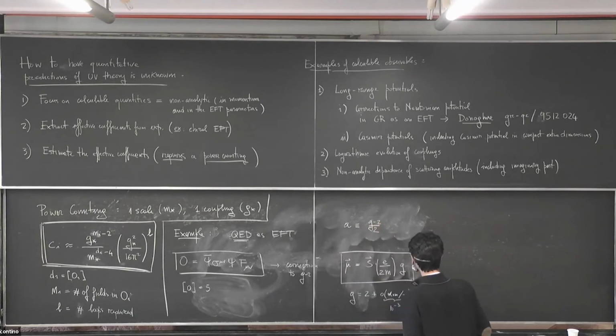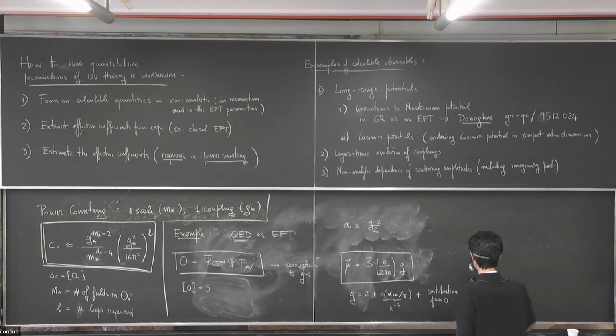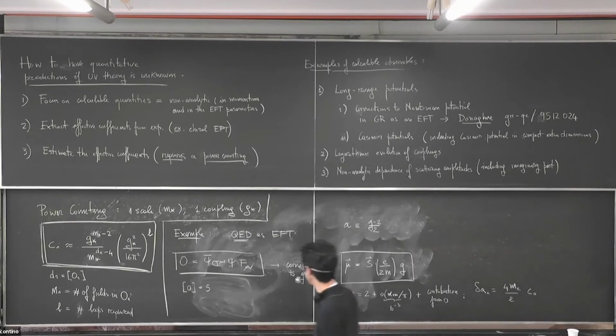So the contribution from O is one in which delta A, let's say delta A_e, is 4 m_e divided by e times C of this operator. Let me call it C_O.